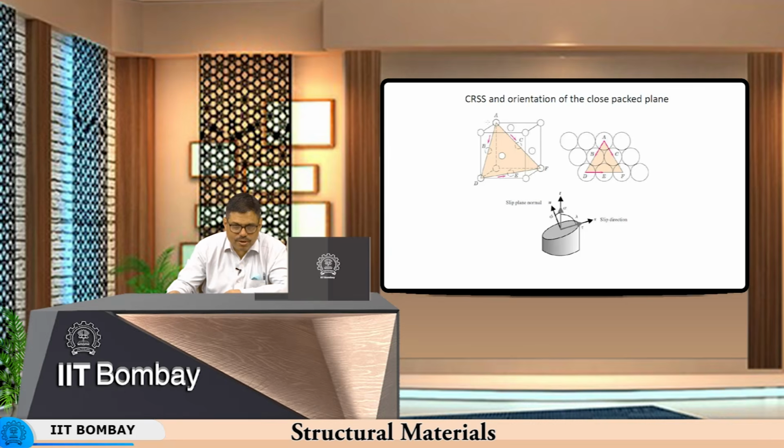Now in the context of the face-centered cubic crystal, it is called cube on corner texture, because each of these vertices is considered to be a corner of the cube, and this is a plane which is essentially the diagonal plane.